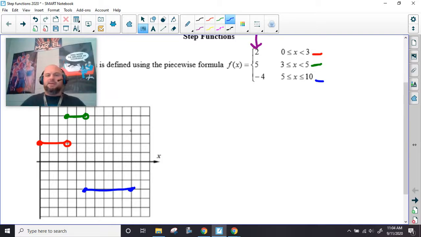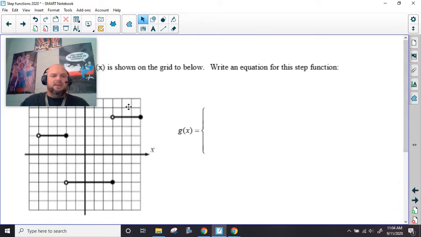All right. Not too awful bad. Basically, here are your y values, making sure that you have the open circles at these points of discontinuity. Step functions are related to piecewise, but they're not. They just look like steps, guys. That's it. So there it is.